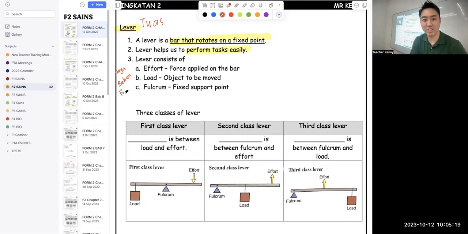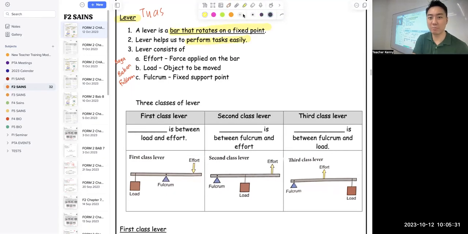And fulcrum is your fulcrum, same thing, you just change the C to K. So fulcrum, F, easy to remember, is a fixed point, the point that does not move. For this machine, the fixed point is here.